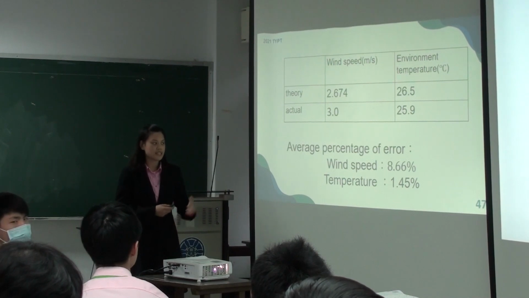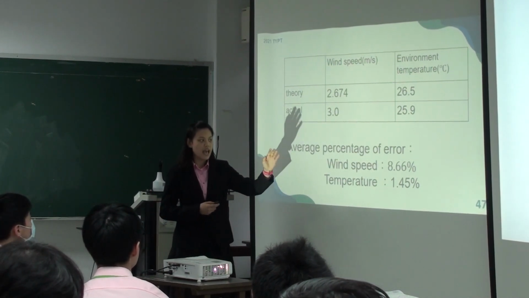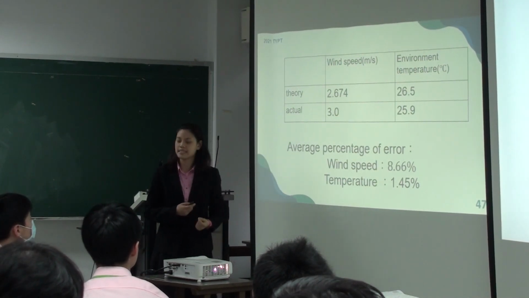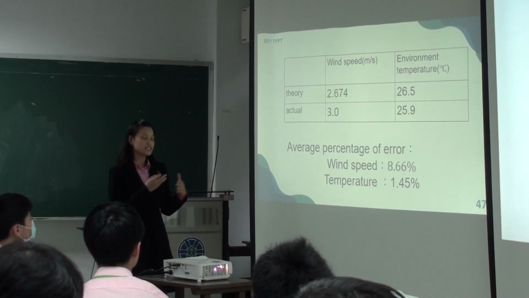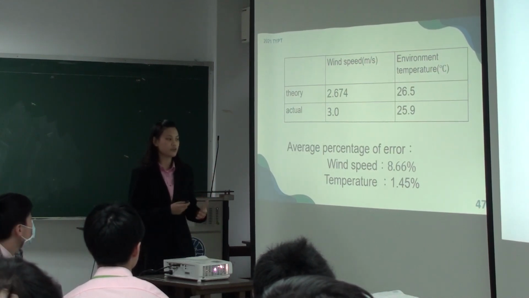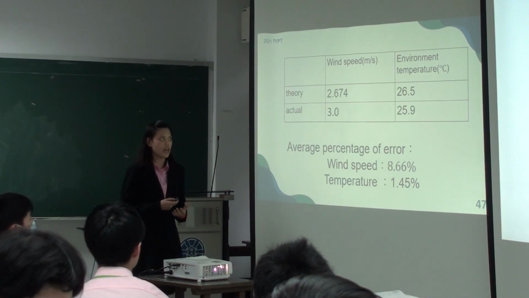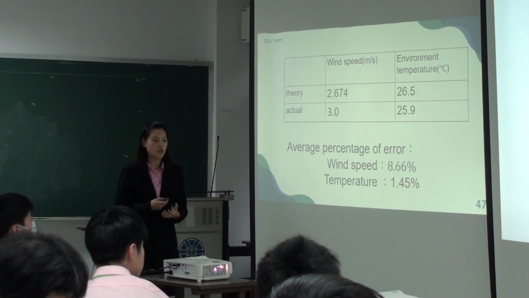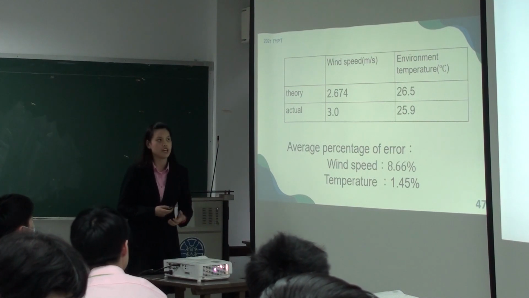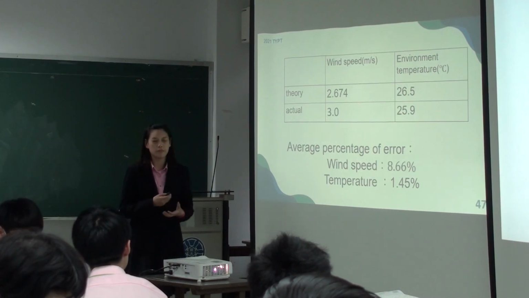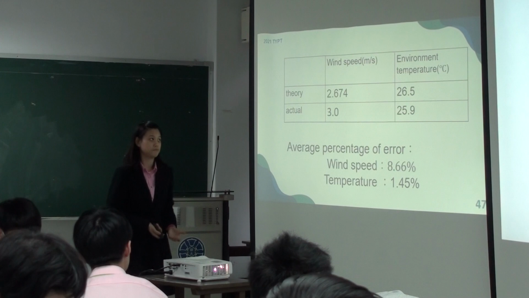The accuracy when measuring wind speed is 8.666%, and for the temperature of the fluid it is 1.45%. So it is accurate because the commercial hot wire anemometer is about 5% error.